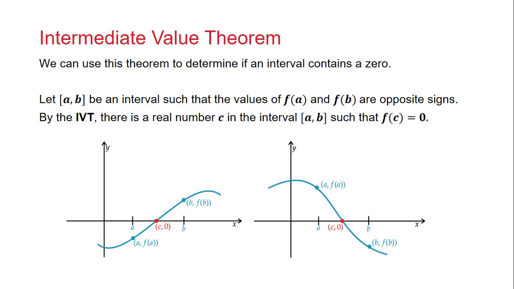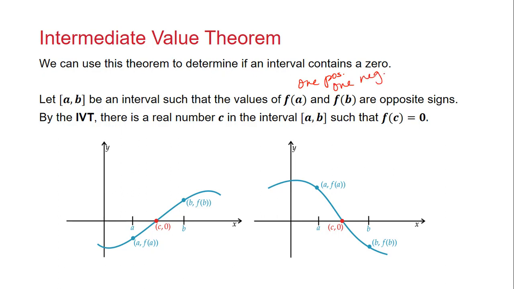So we can use the intermediate value theorem to determine if an interval contains a zero. So let a, b be an interval such that the values of f of a and f of b are opposite signs. So that means one's going to be positive and one will be negative. Remember, these are the y values that we're talking about.